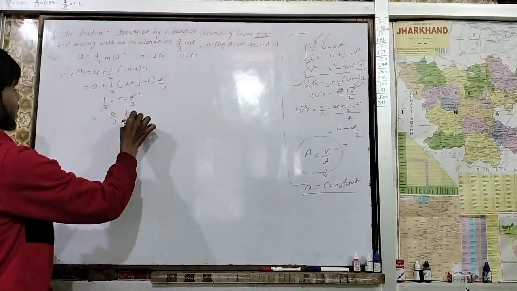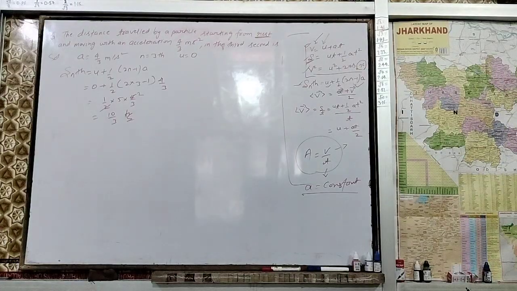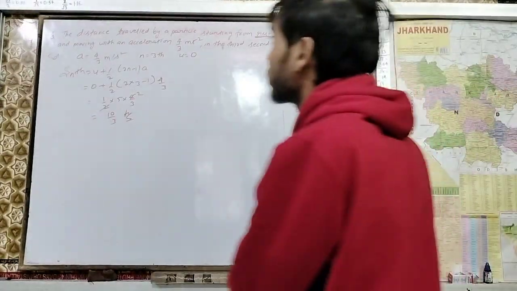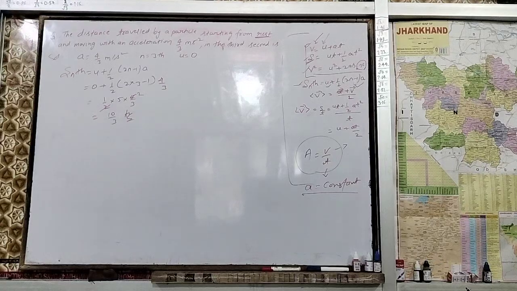This is the total distance, which will come to 3.33, where acceleration is 4 by 3 meter per second squared and initial velocity u is 0.